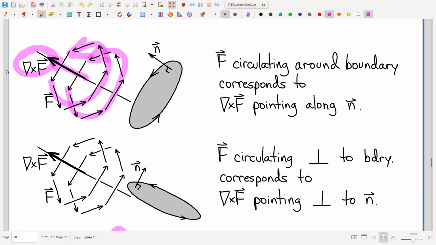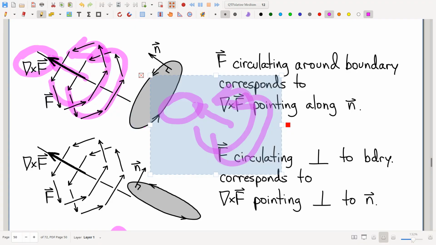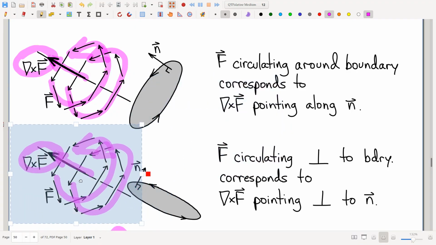And again, keep in mind the magnitude tells you how much the fluid is rotating. The direction of the curl tells you around what axis. Okay. Well, let's see here. Let me point out by the way, same thing here.